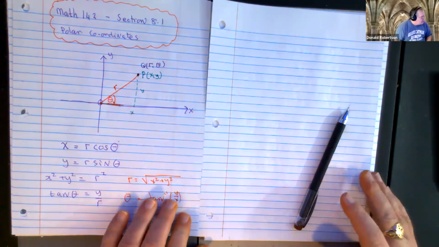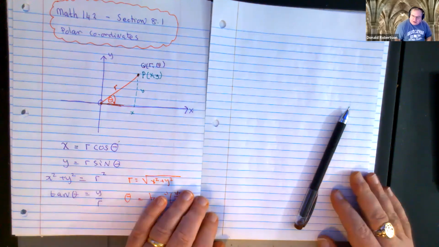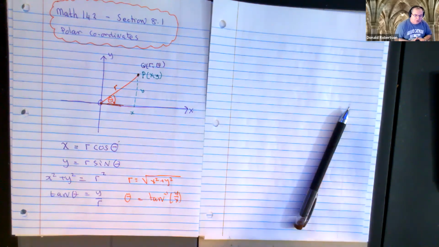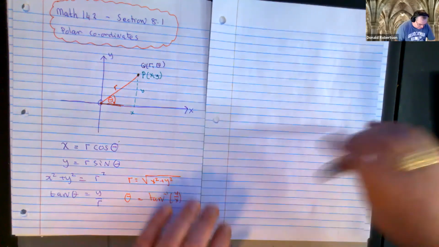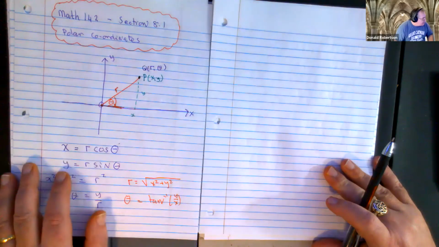That's pretty much it. If I give you polar coordinates and it's outside its range, can't you just keep taking away 2 pi's till it works? And if you have a negative R value, hopefully you can plot a point that looks like that. That's kind of where we are right now.